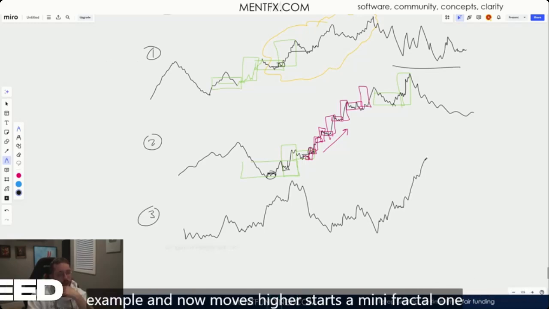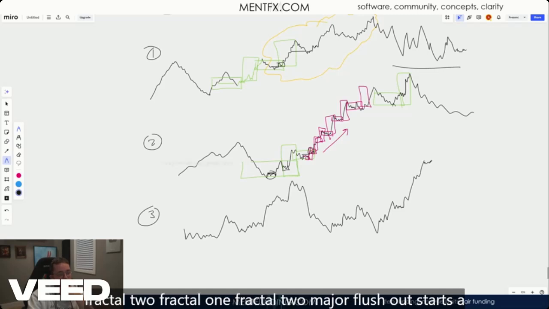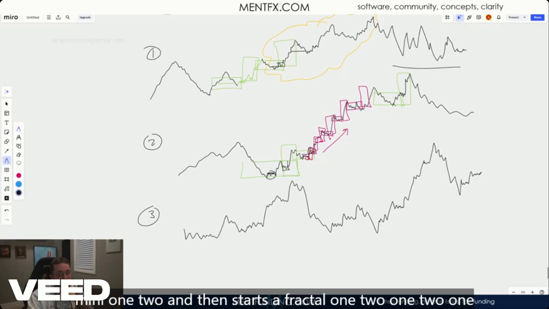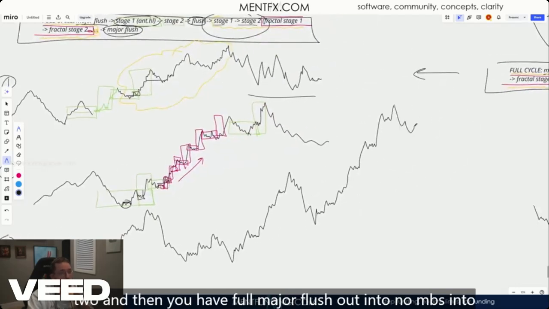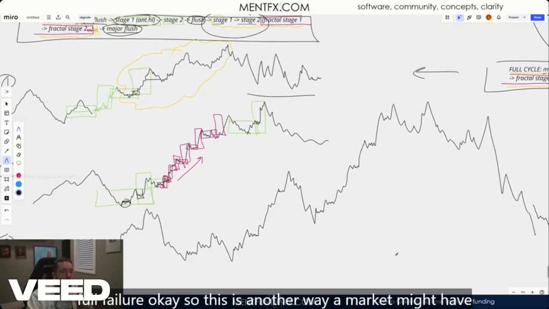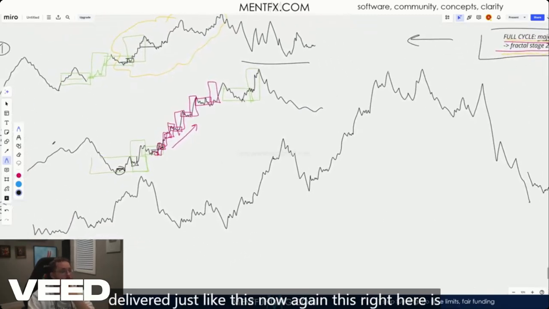Moves higher, starts a mini fractal 1, fractal 2, fractal 1, fractal 2, major flush out, starts a mini 1, 2, and then starts a fractal 1, 2, 1, 2, 1, 2, and then you have a full major flush out into no MBs, into full failure. Okay, so this is another way a market might have delivered, just like this.